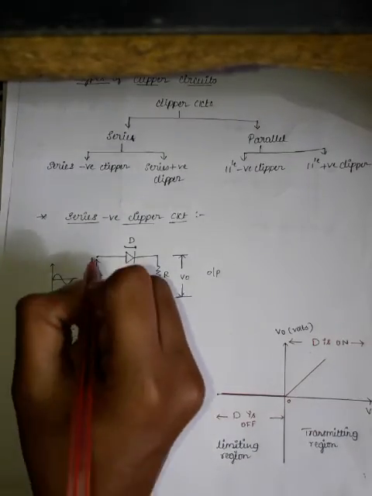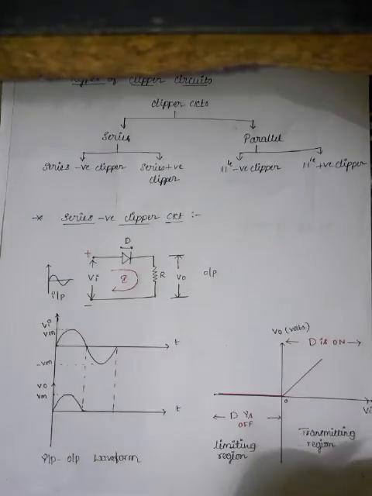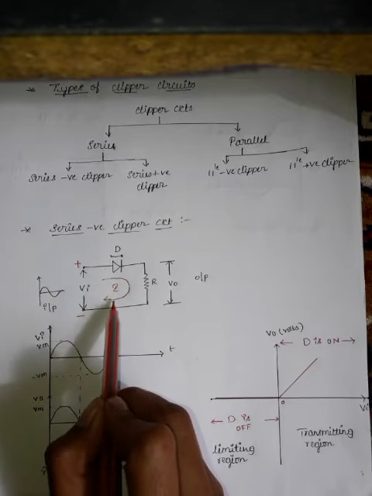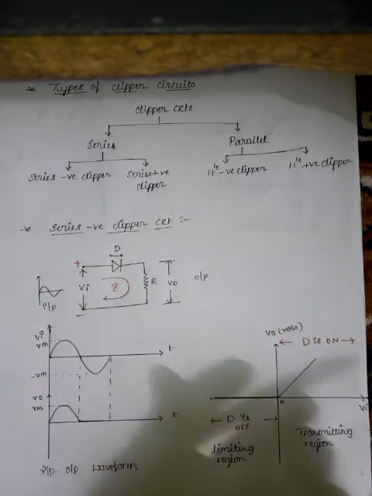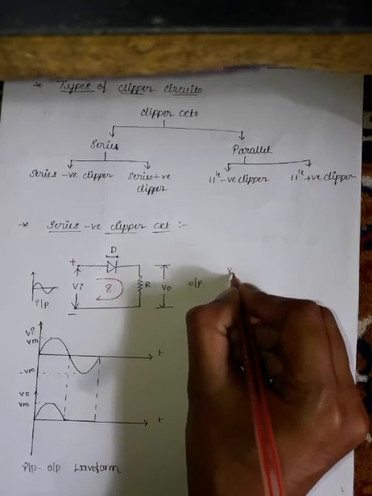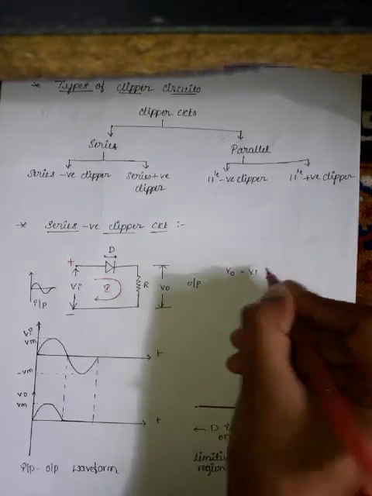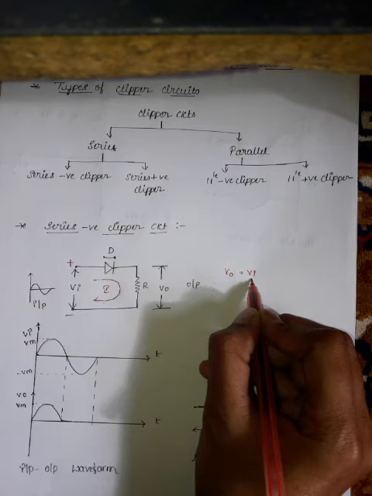This is the positive polarity and negative polarity for the positive half cycle, and this is the direction of the current flowing. So the diode will be in the on condition, and due to this the output voltage V naught is equal to Vi. The output voltage will be equal to the input voltage.